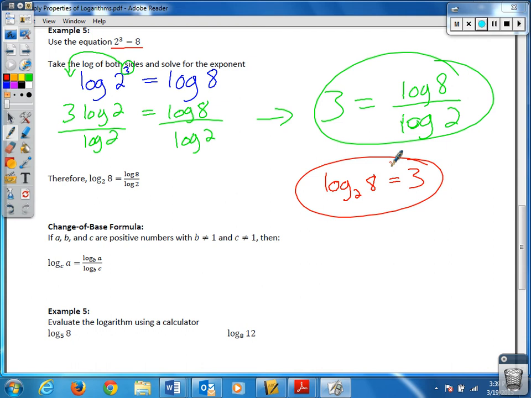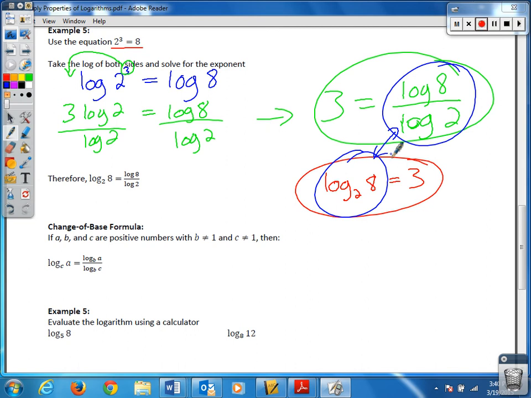So now we have two equations here. We have 3 equals the log of 8 over the log of 2, and we have 3 equals the log base 2 of 8. So that means by the transitive property that the log of 8 divided by the log of 2 and the log base 2 of 8, these two things have to be the same.